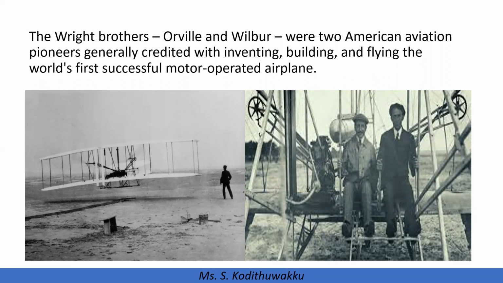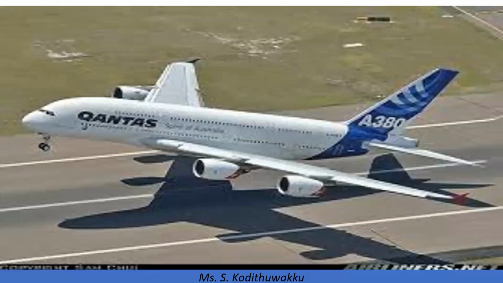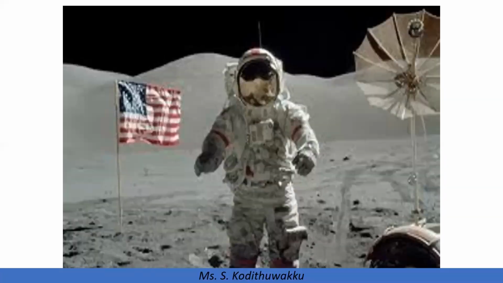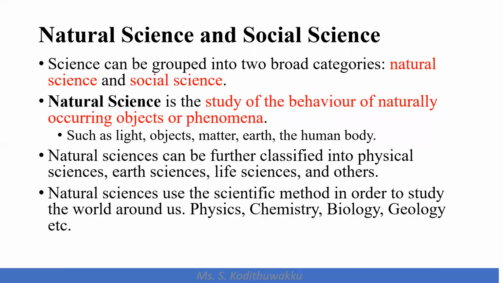So it's again out of the box. Now we have modern aeroplanes, but they are highly advanced, right? So these are advanced aeroplanes. Even this one, right? So those are the things.